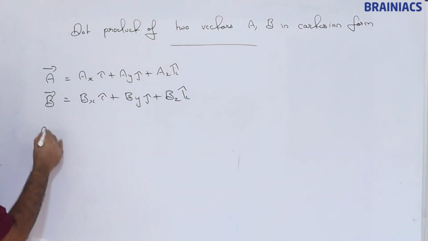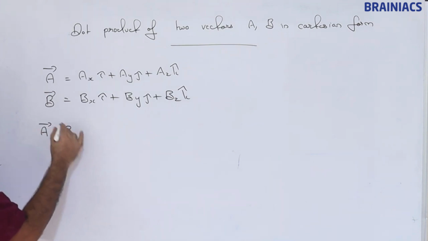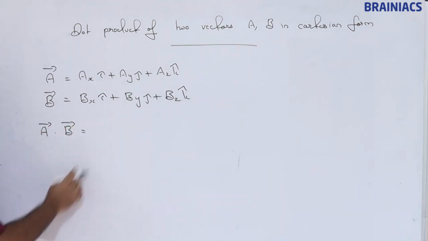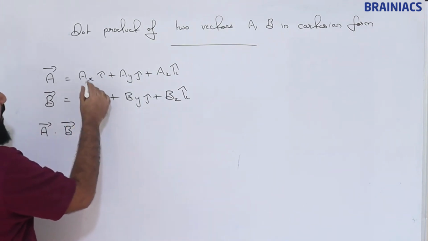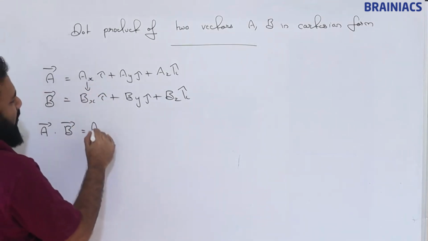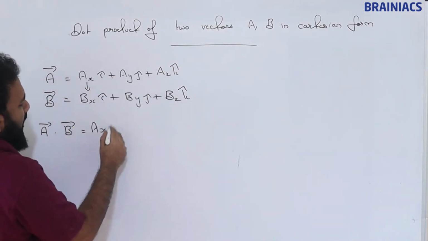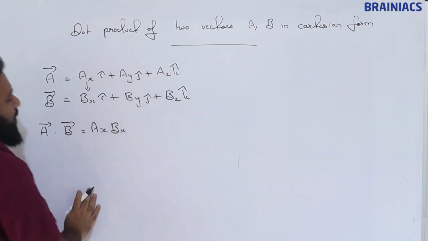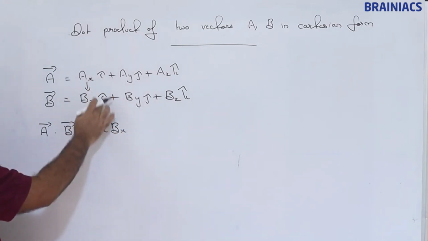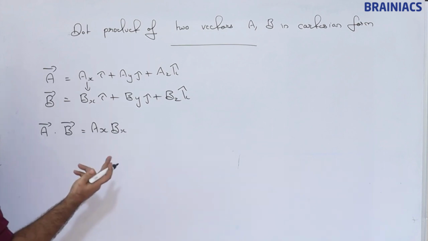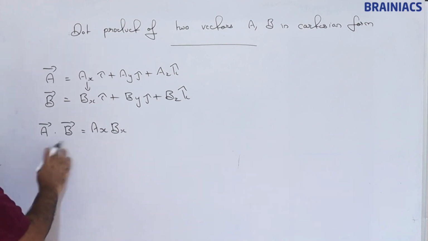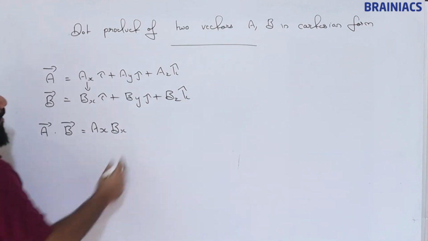So if this is the case, then a vector dot b vector will be what? So we can multiply ax bx. When we multiply each term, ax bx. So I dot I is what? 1 only. Okay, since this is a scalar result, no ijk here.